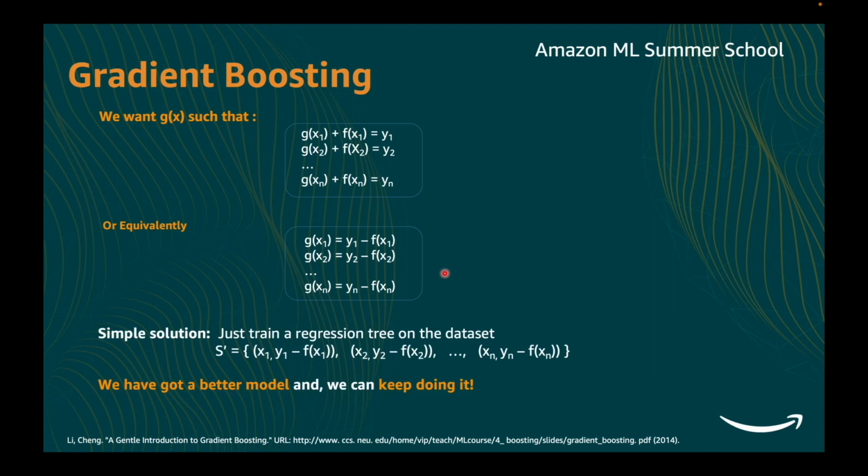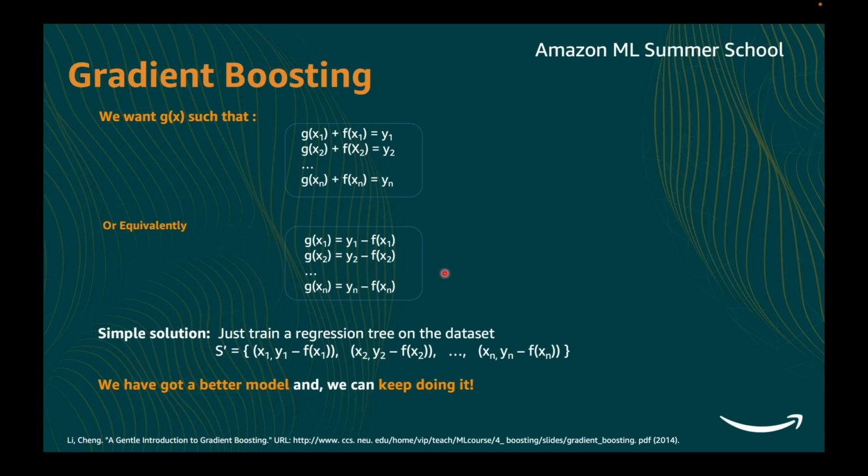You have to train a model using the inputs x1, x2, x3, etc., and the outputs as y1 minus f of x1, what's called the residual. So you have to train a simple regression model on the residual of the model before it, and this gives you a better model.